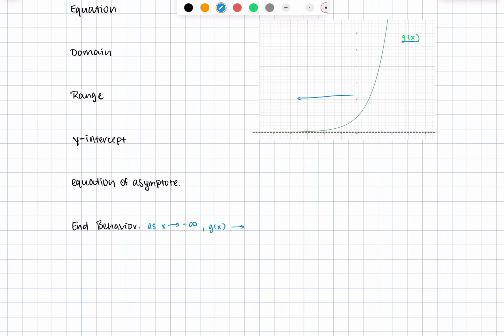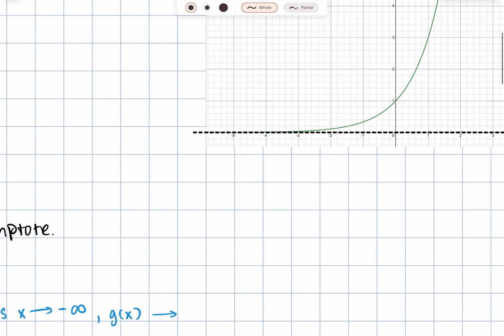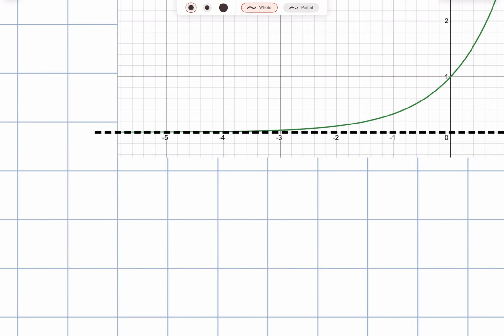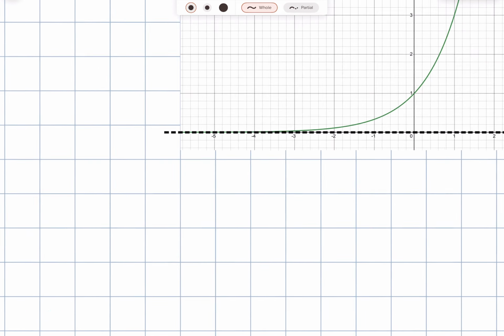so when looking at this side of the graph, the negative x side, we see that the y values are getting smaller and smaller and smaller. And you see this dashed line, which indicates that there's an asymptote. So all these points are getting smaller and smaller, but they're trying to approach 0, which is our answer, but they never really touch 0.